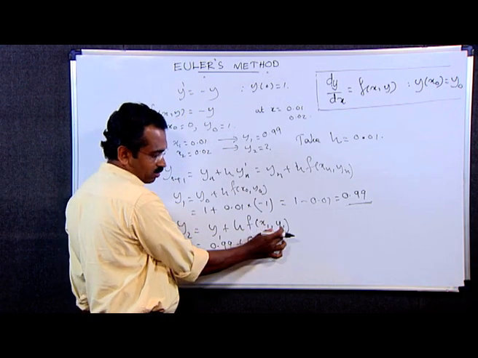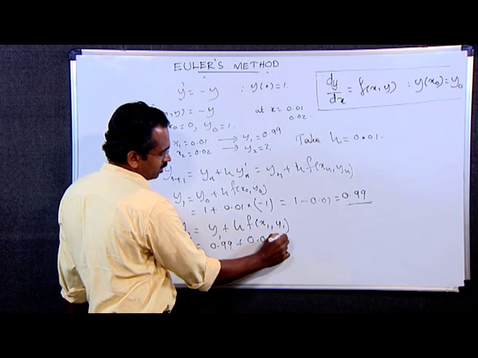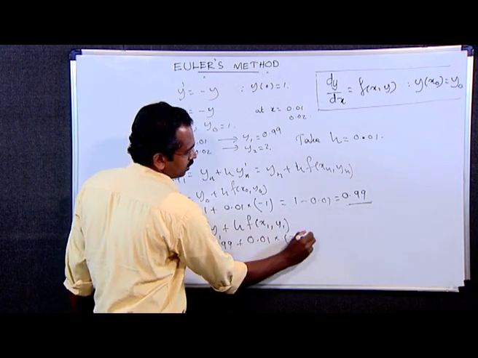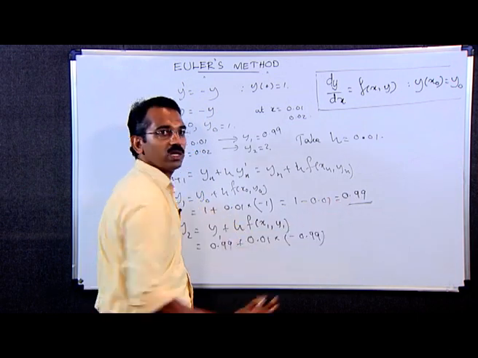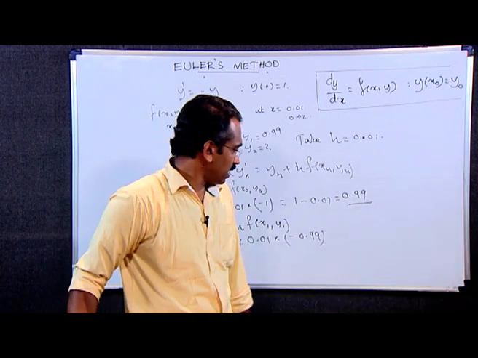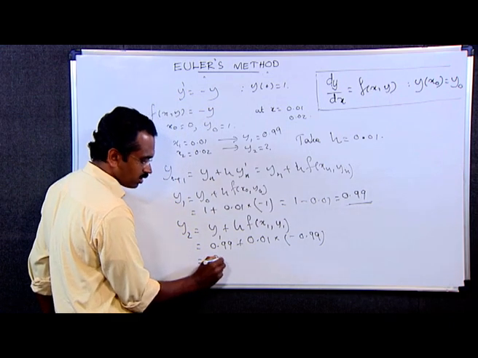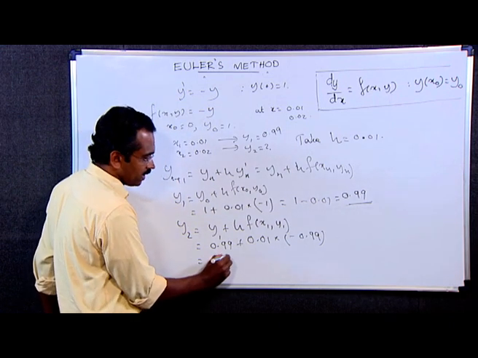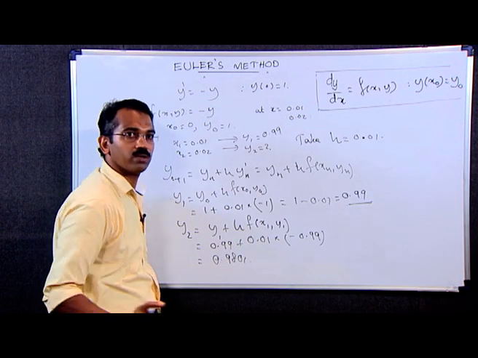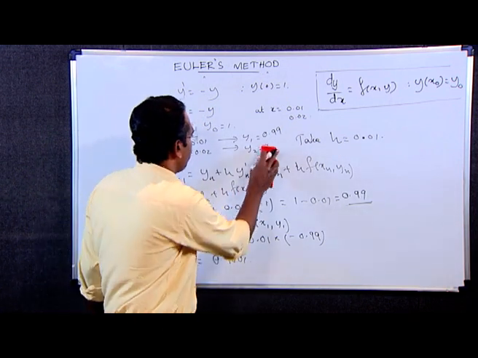Therefore, f(x1, y1) means minus 0.99, because y1 is 0.99. On simplification, we get this is equal to 0.9801, that is, the value of y2 is 0.9801.